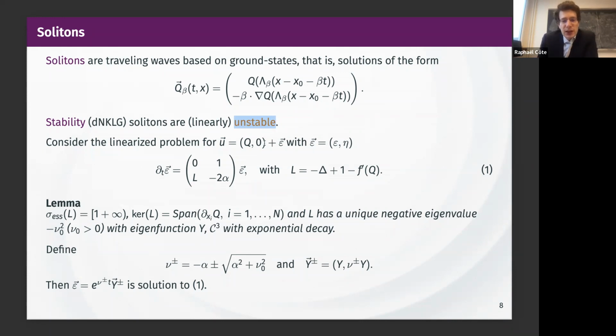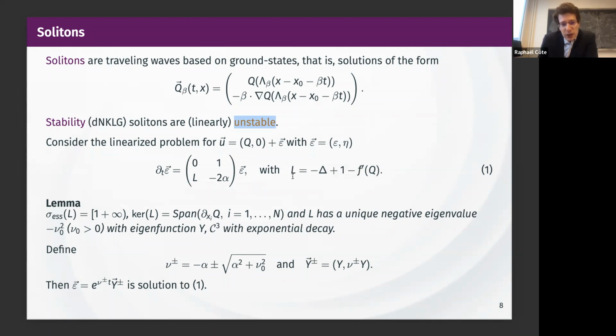If you look at the linearized operator around the stationary solution Q0, then for the error epsilon, at the linear level you have this equation in vector form, where L is this operator, minus Laplacian plus 1 plus f prime of Q. This is the linear operator of the potential energy around Q, so it's a very important operator.